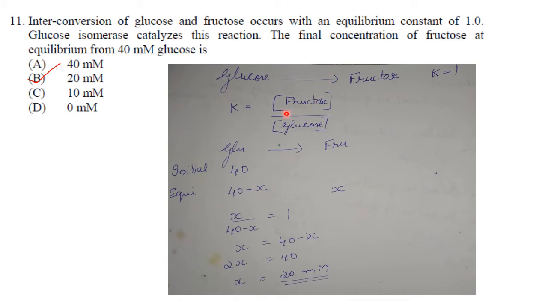Putting it into the equation, K is equal to concentration of fructose over concentration of glucose. So x by 40 minus x is equal to 1, or x is equal to 20 millimolar. So answer is option B, 20 millimolar.